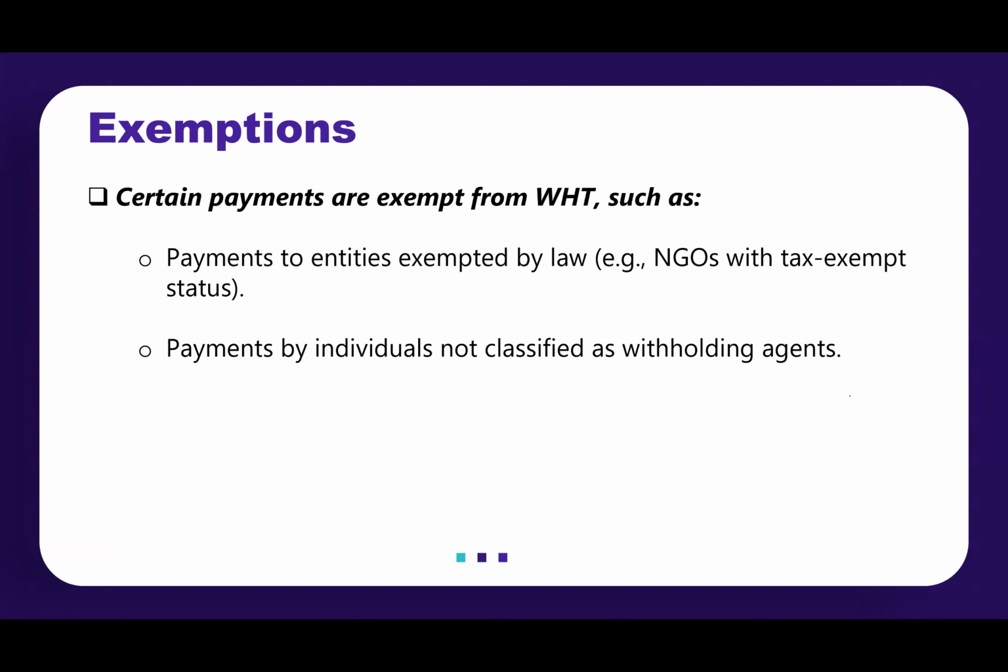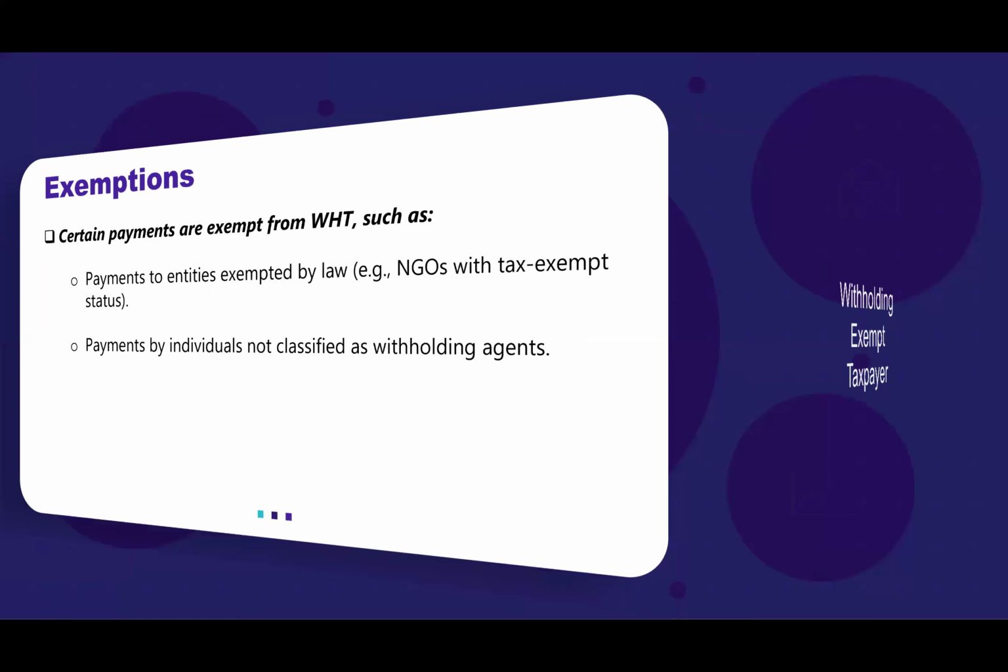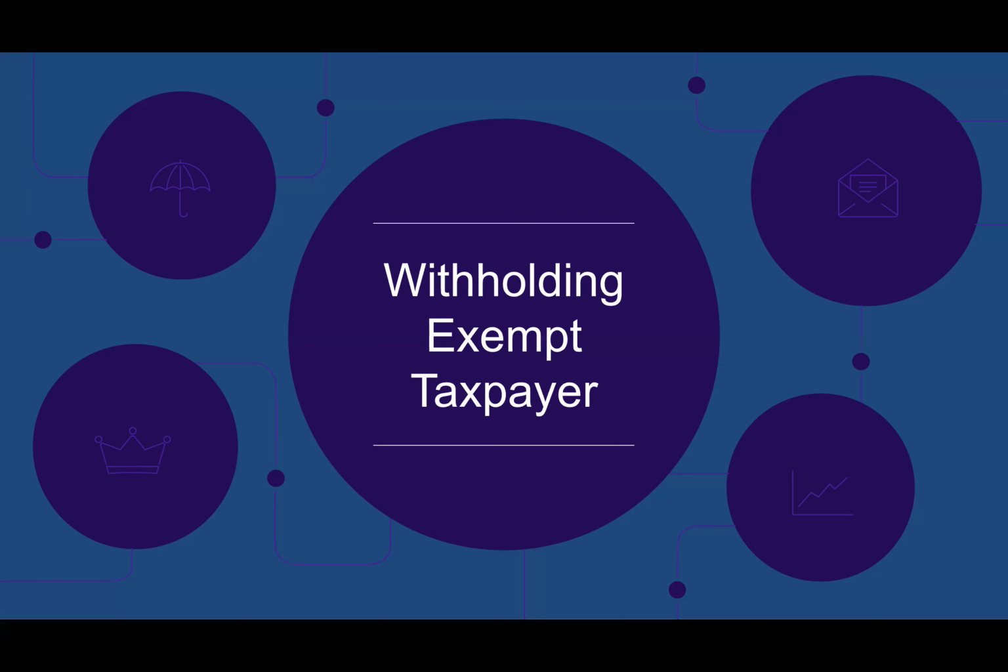Payments to entities like NGOs, you're not supposed to withhold because they have a tax exempt status. Then also withholding exempt taxpayers, you're not supposed to withhold from them. They must come to you and present their exemption certificate, and their invoices must be stamped withholding tax exempt.